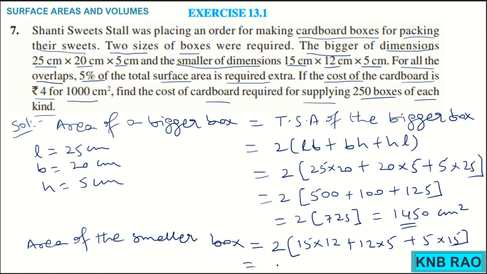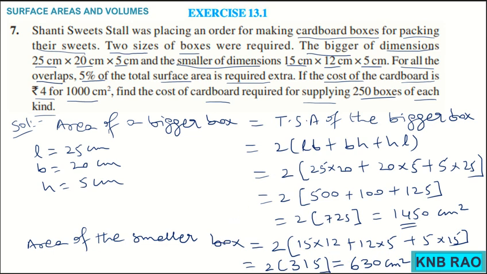On calculation, you will get the area of the smaller box as 2 multiplied by 315: 15 12s is 180, 12 5s is 60, 15 5s is 75, sum is 315, 315 2s is 630 centimeter square is the area of the smaller box.